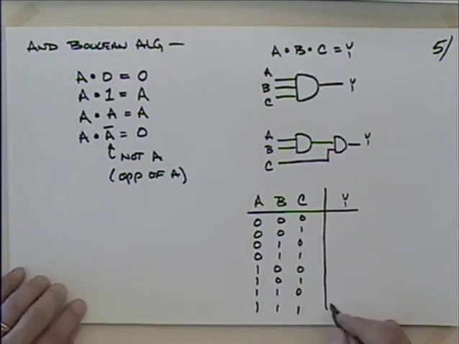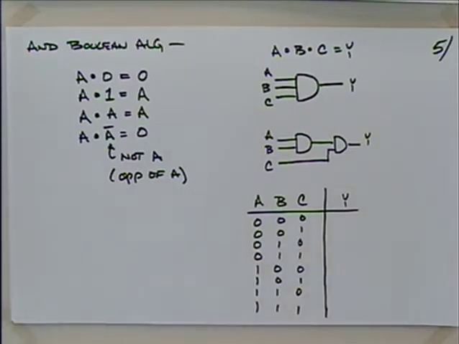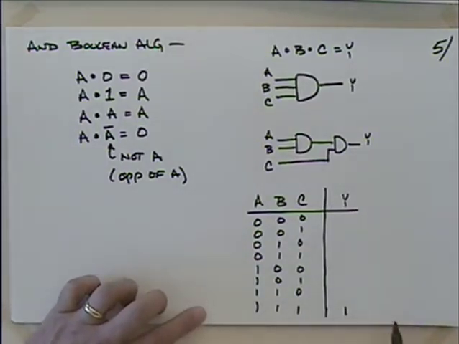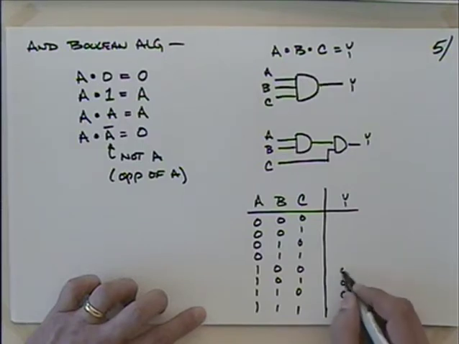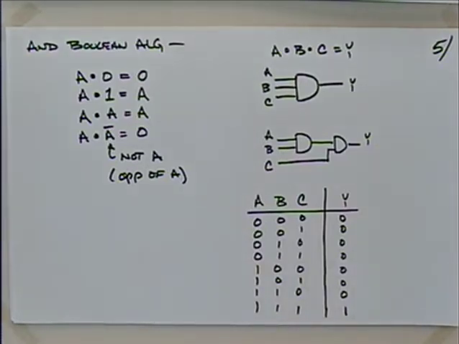Should be 8. There should be 8. Do I not have 8? Okay. Yeah, this is the only one where I'm going to get a 1 out, right? The rest of them are all zeros. Okay. Questions of that? So that's the AND.